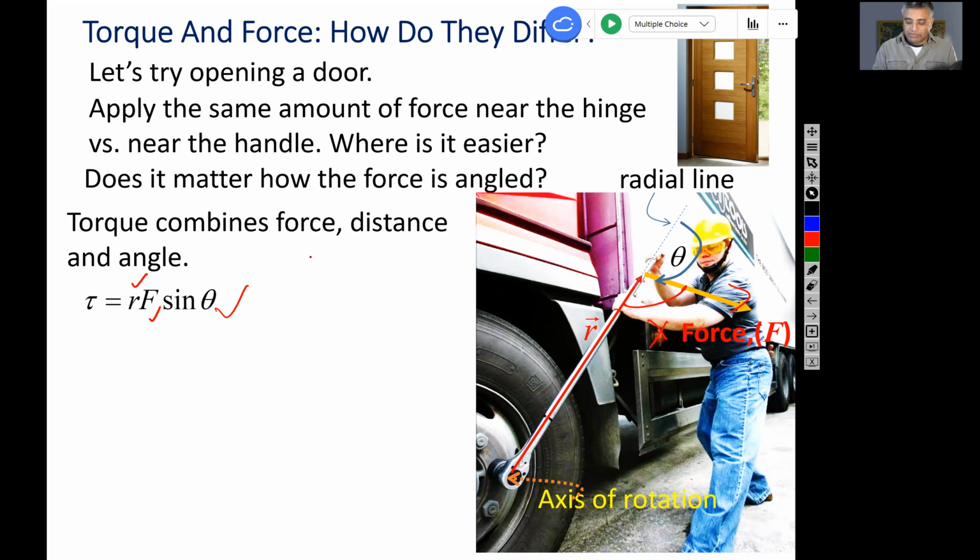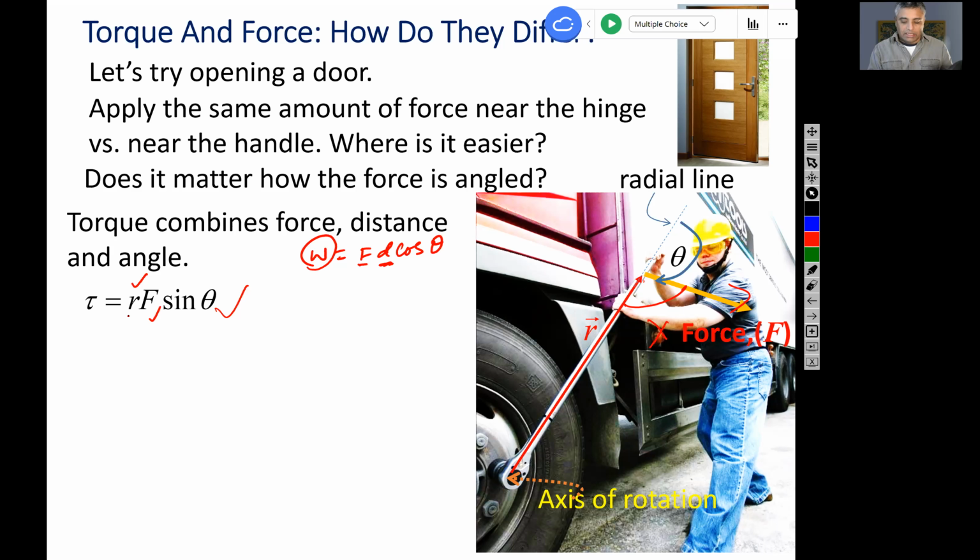do you guys remember we had work done as force times displacement times cosine of the angle between them? Do you guys still remember? Hey, this looks a lot like that, but there is a difference. This product of force and displacement is giving us work, which is scalar.